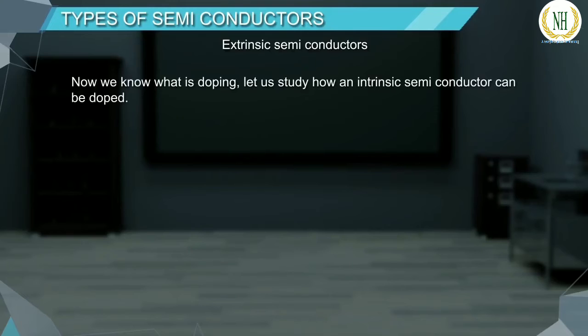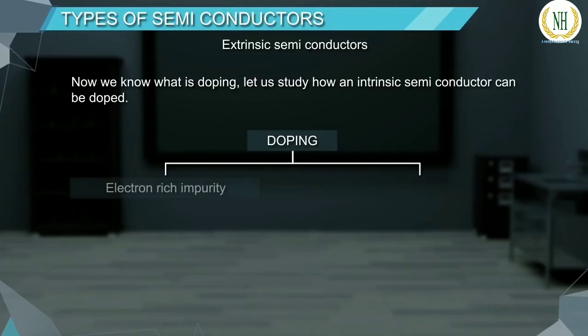Now, we know what is doping. Let us study how an intrinsic semiconductor can be doped. Doping can be done in two ways, with electron-rich impurity or with electron deficient impurity, as compared to the intrinsic semiconductor.